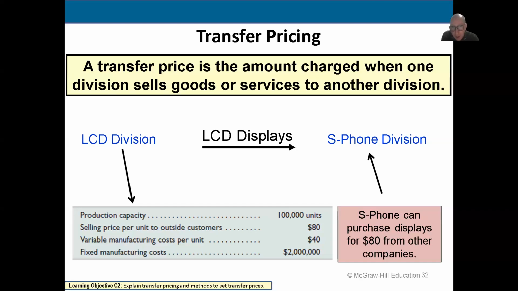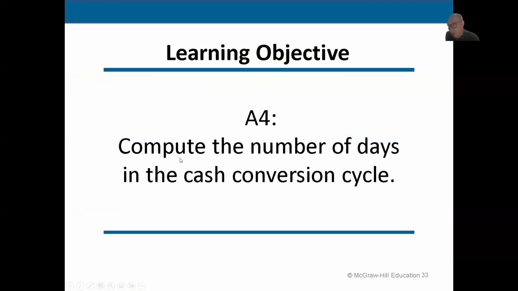Based off of this information, the typical transfer price lands somewhere between the maximum sales price and the variable cost per unit. Don't worry too much about transfer pricing in this course. It's a very complex subject. For those of you who are accounting majors, you will be diving deep into that when you get to your cost accounting course.